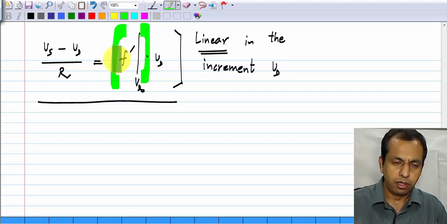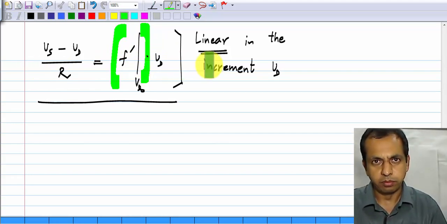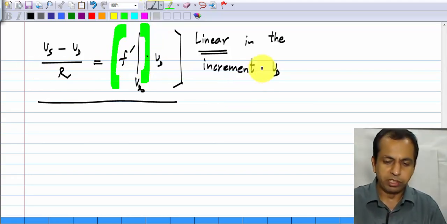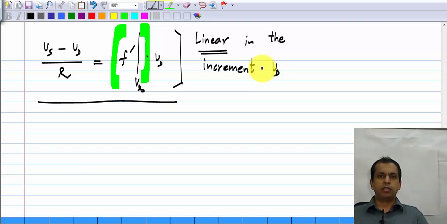Vd is the variable and this equation is linear in Vd. So, it is much easier to solve than the nonlinear equation. For a changed value of Vs, we had to solve the nonlinear equation all over again. Now, we do not do that. We find the approximate solution using a linear equation.